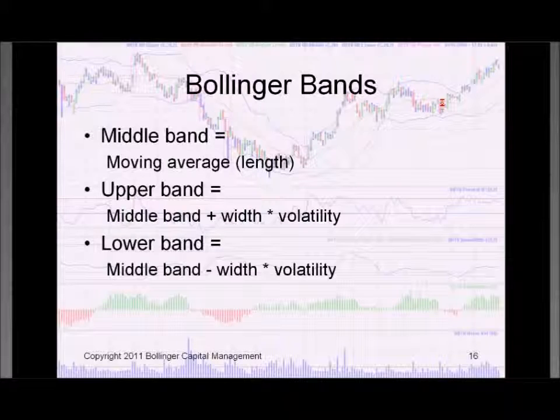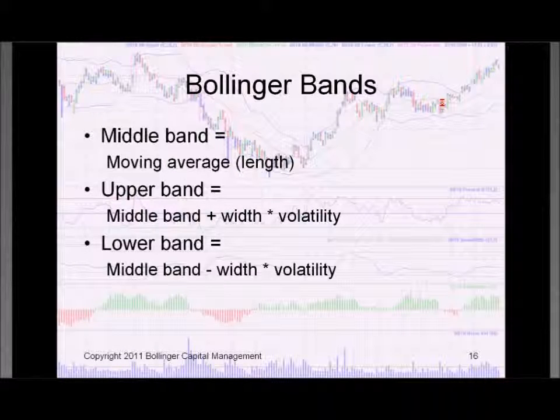So now that we've got the moving average, we can construct Bollinger Bands. The middle band is simply going to be the moving average. It'll be a moving average of a variable called length. We'll talk about what length is in just a moment. The upper band will be the middle band plus a variable called width.